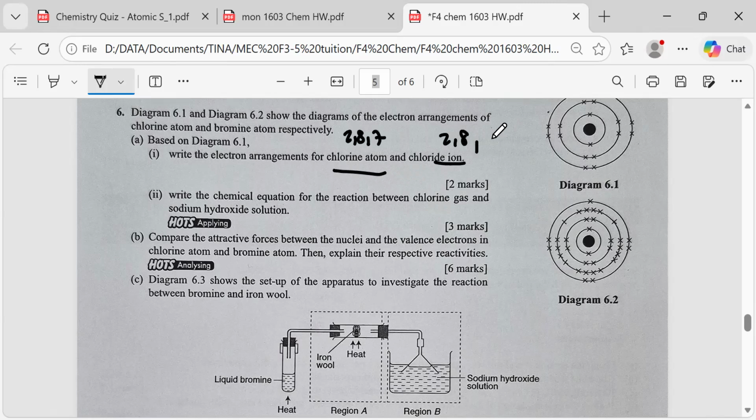Faster, faster. 2, 8. Wait, wait, wait, faster. 2, 8, 7 is chlorine atom. Are you guys serious? Chlorine atom is 2, 8, 7. In order to form chloride ion, they want to form full outer shell, receive one or lose one. So become 2, 8, 8.